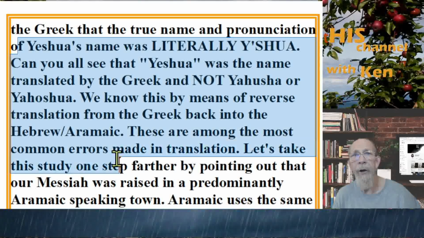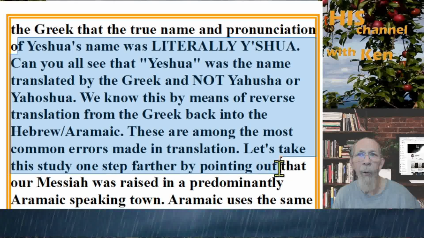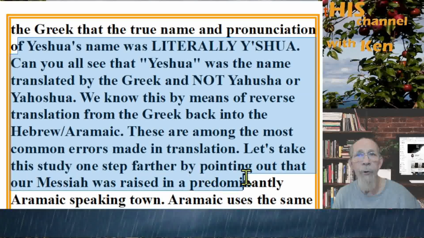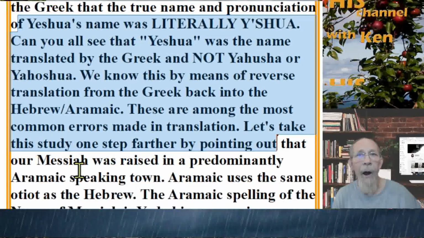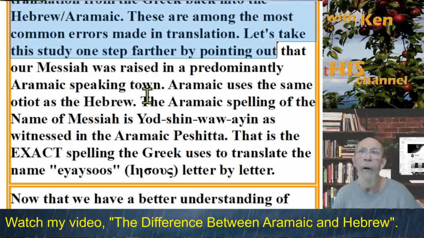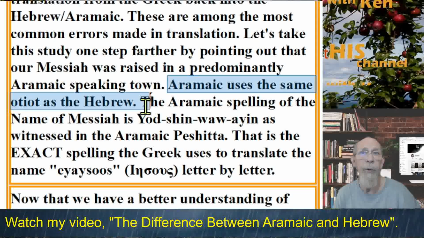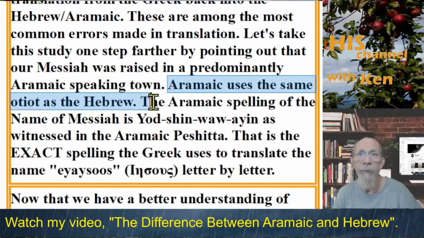Let us take this study one step further by pointing out that our Messiah was raised in a predominantly Aramaic-speaking town. The Aramaic uses the same odiot as Hebrew. They're sister languages, very, very similar. Somebody speaking Aramaic would understand somebody speaking Hebrew.